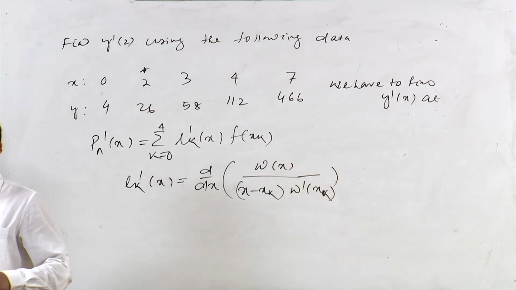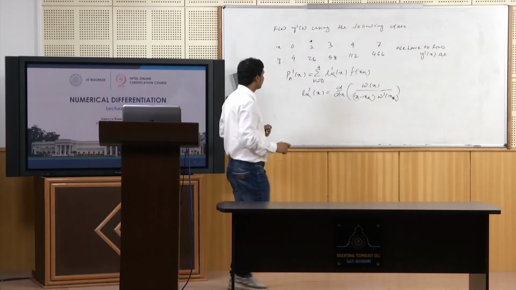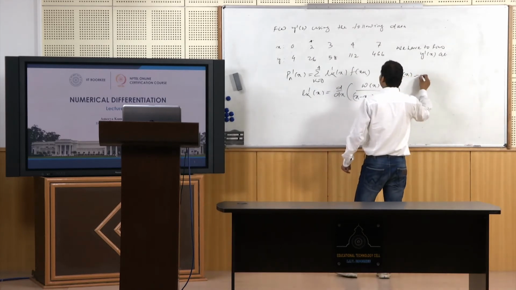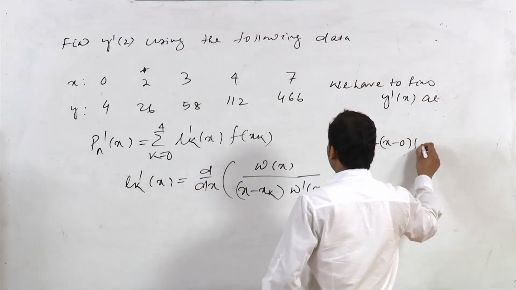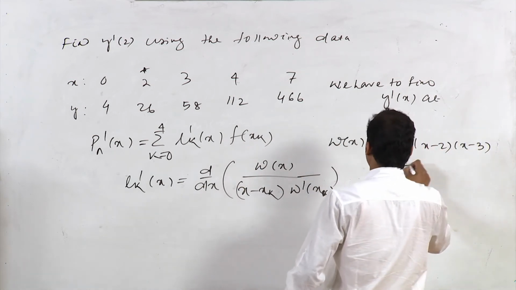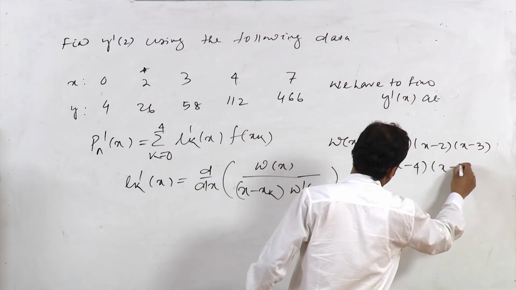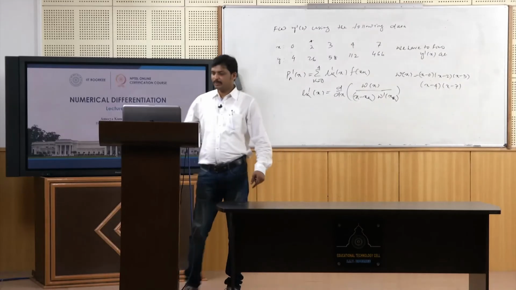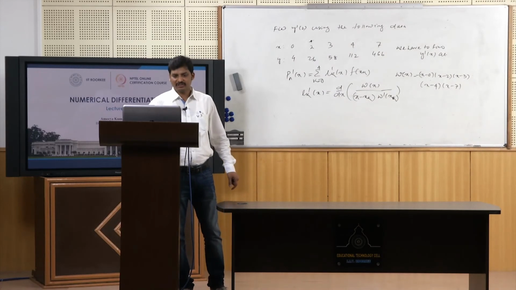Then omega x is represented as, here if you see, that is a function of x only, in the form of x minus 0, x minus 2, x minus 3, x minus 4 into x minus 7 here. And directly we can evaluate this derivative with respect to x for this function here.